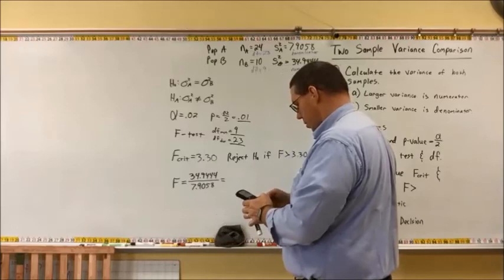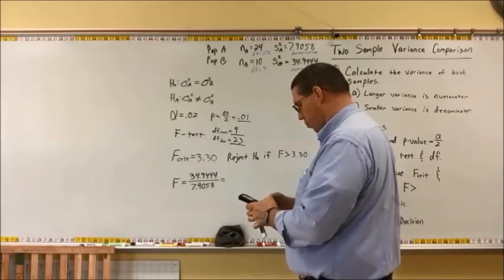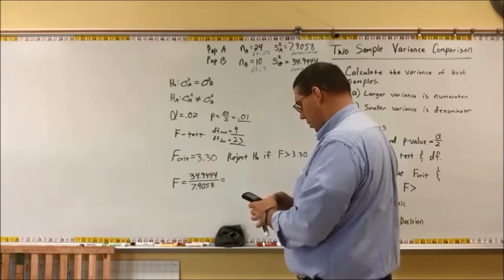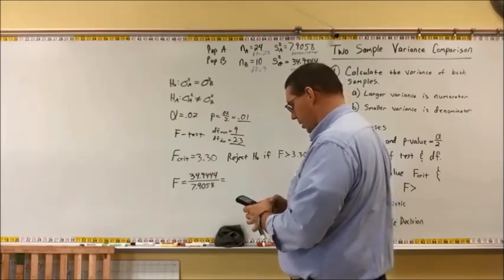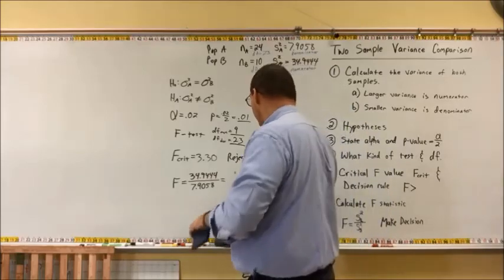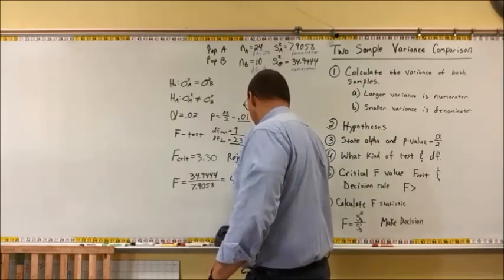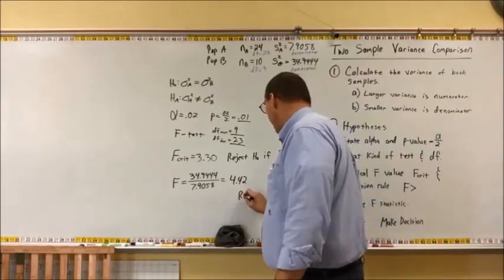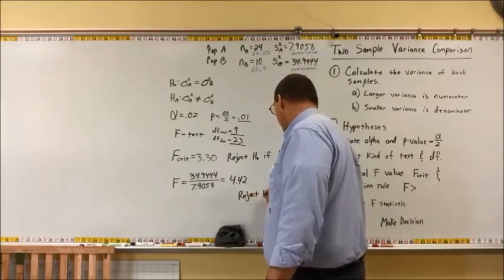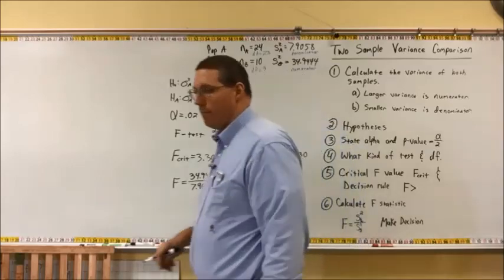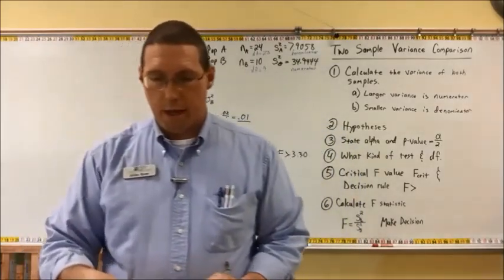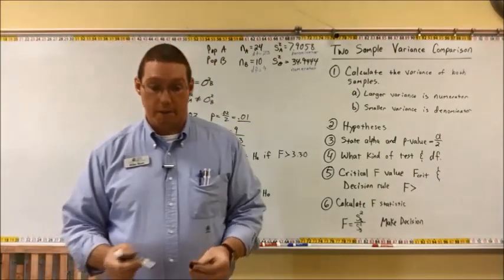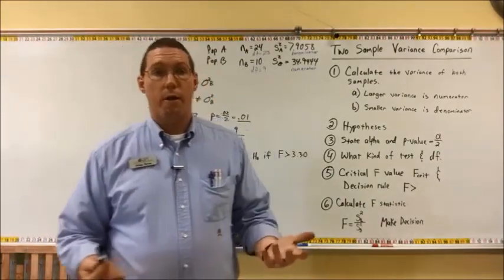And we're going to do 34.9444 divided by 7.9058, and I get 4.42. 4.42, which is larger than 3.3, so our decision is reject. Reject H sub 0. Okay? And this is evidence to indicate that the variances of population A and population B are very, very different.